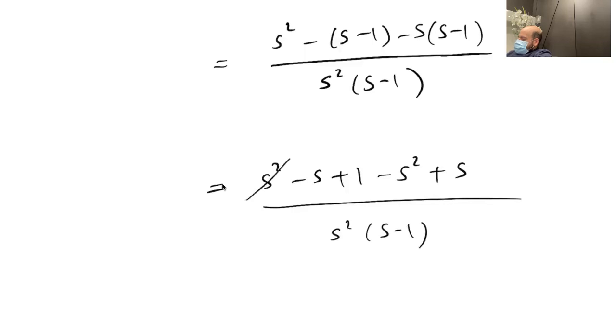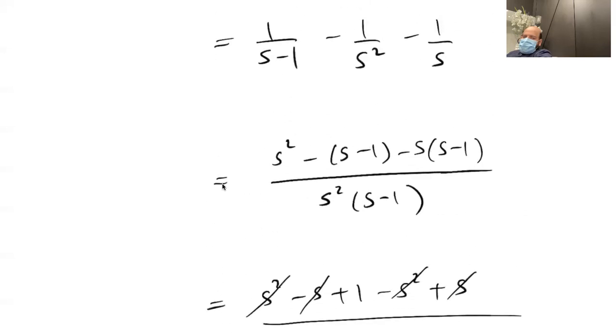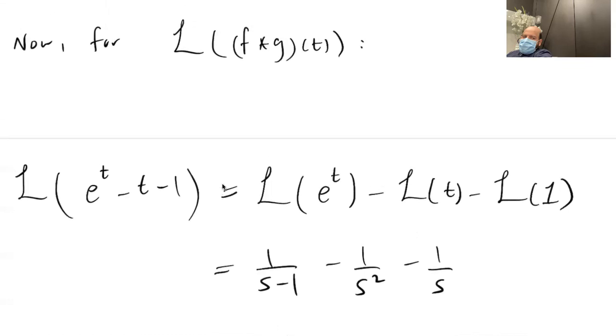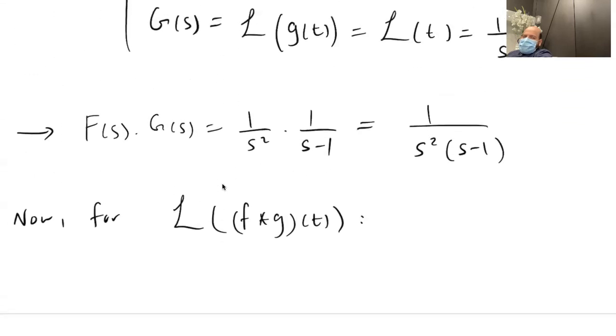So now this cancels with this cancels with this, and I'll be left with 1 over s squared times s minus 1. 1 over s squared times s minus 1 is Laplace transform f star g of t, which is exactly same as capital F of s times capital G of s.